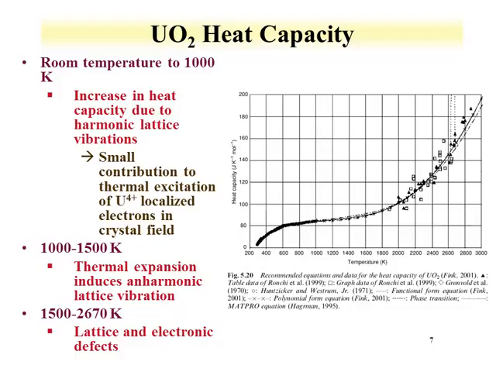This tells us something, one, about the behavior of the material at the high temperature, and two, how that lattice behaves, and gives us information about the strength of the lattice. For the nuclear fuel cycle, this is an important component where if we wanted to have a reactor at a given temperature, we can understand the heat capacity of the material, the fuel itself, as a function of temperature.